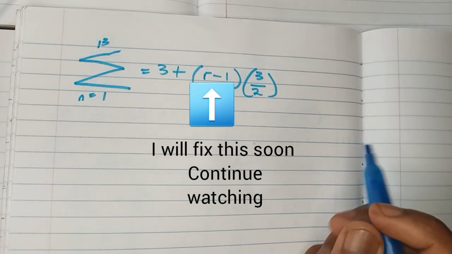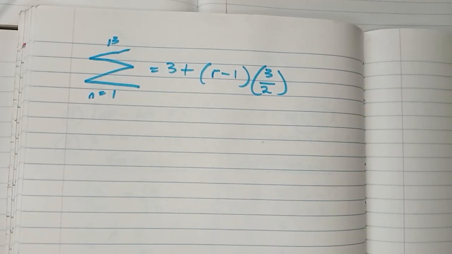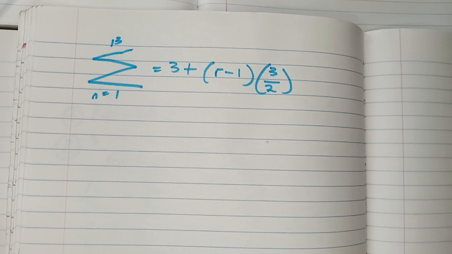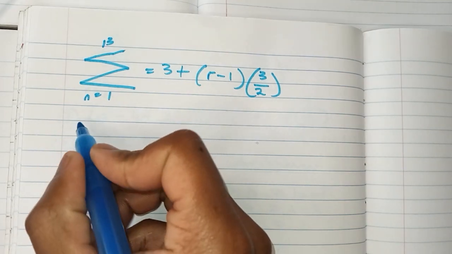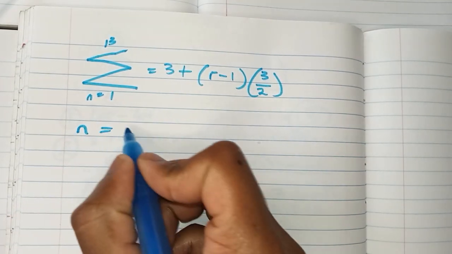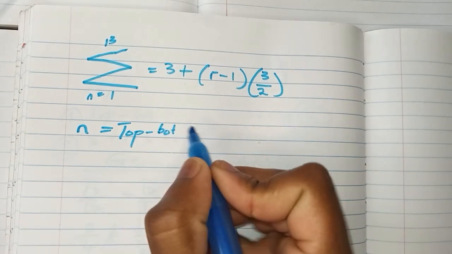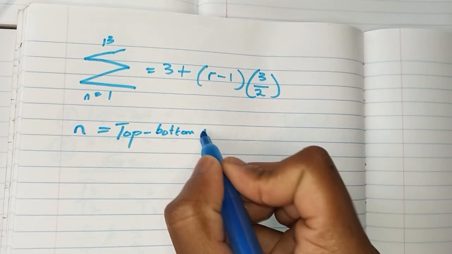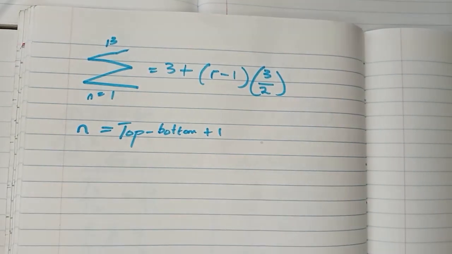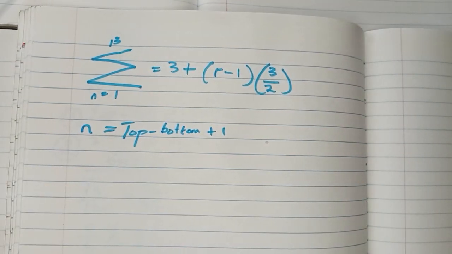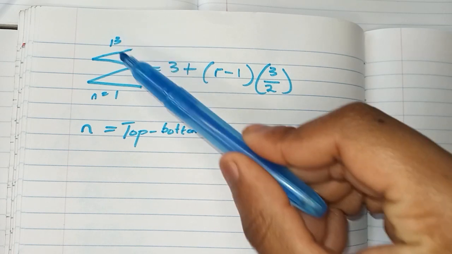Right. So you might have seen the video. I told you that when you have something like this, the first step is trying to identify the number of terms. We do that by saying n is equal to top minus bottom plus 1, and the top that we are referring to is this one, and the bottom is this one.